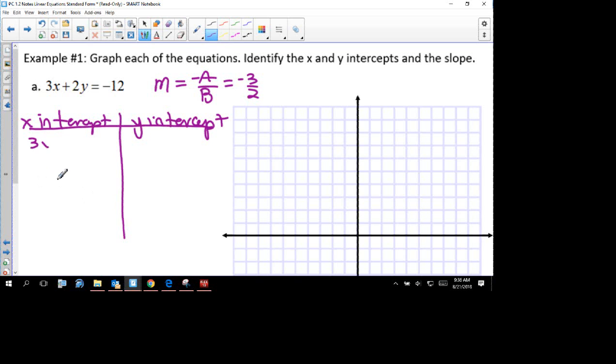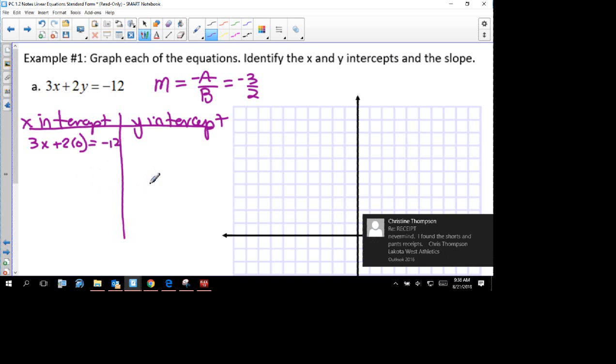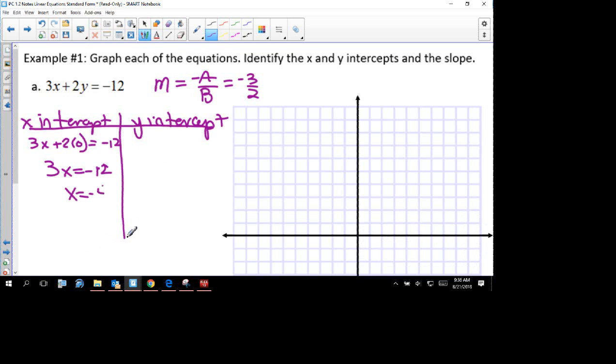So we'll do 3x plus 2 times 0 for y equals negative 12. Well, 2 times 0 is 0, and if it's 0, it's not there. So really, I have 3x equals negative 12. So now I have x is negative 4. I write negative 4, 0. Ordered pair.